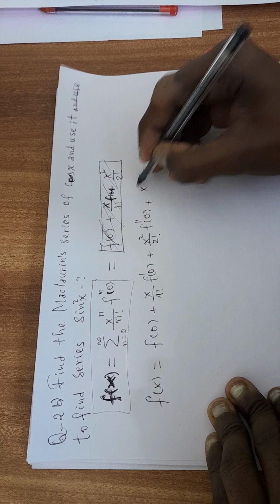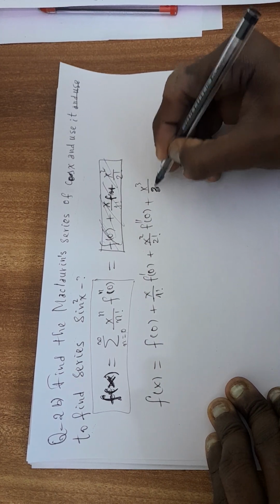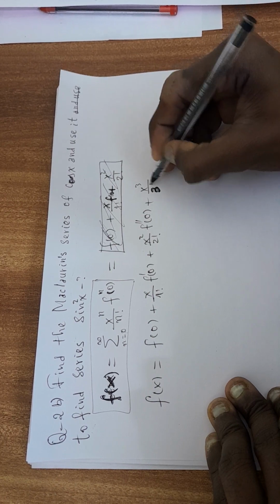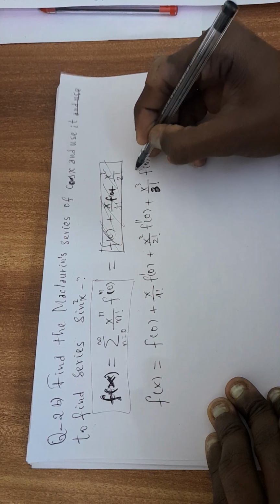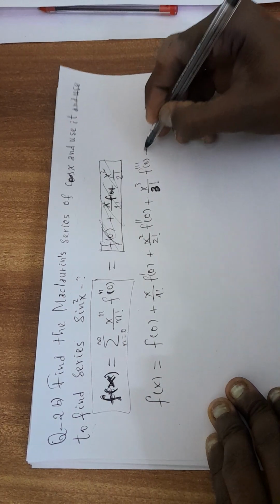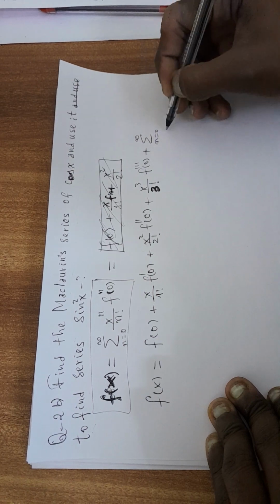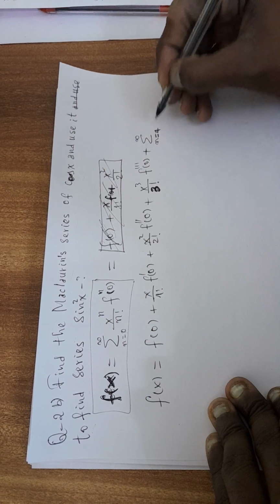Then x to the power 3 over 3 factorial, and f of 0 for the third derivative, and plus this is the same, and goes to infinity.